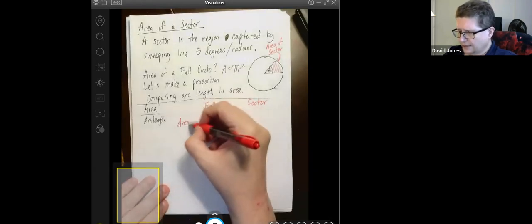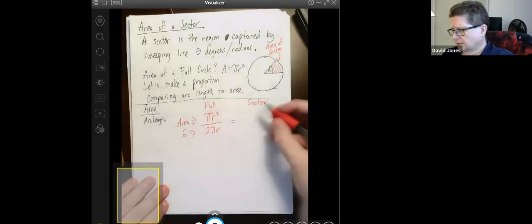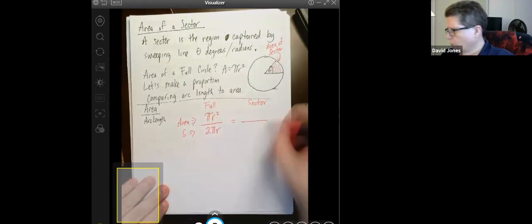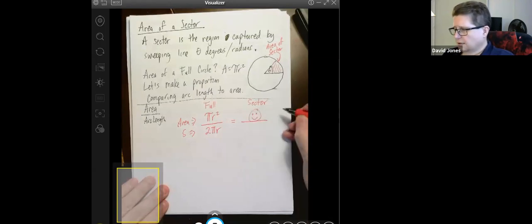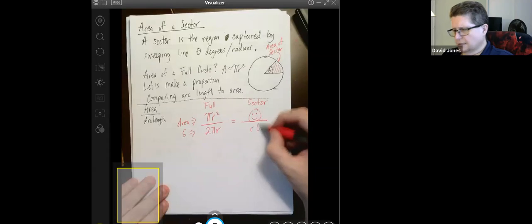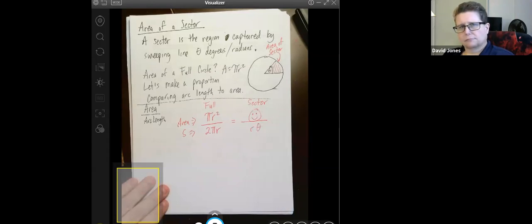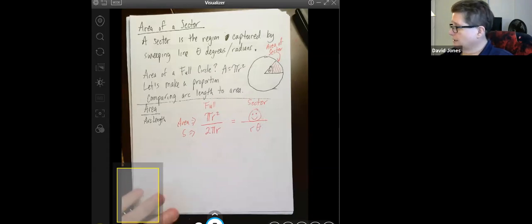So area and S. We don't know the area over here, so smiley face. We know the arc length though, it's r theta, right?